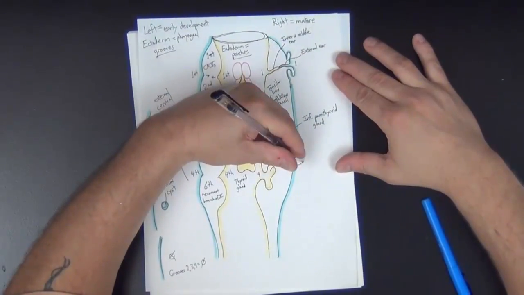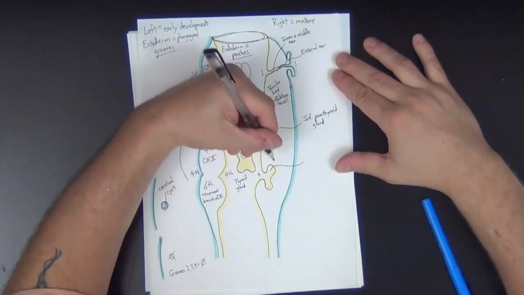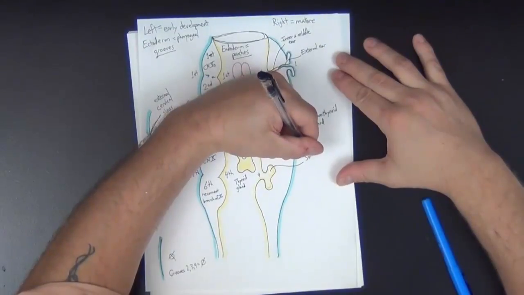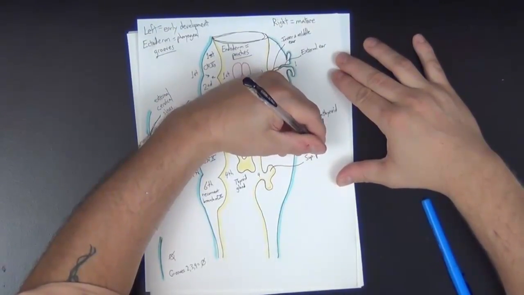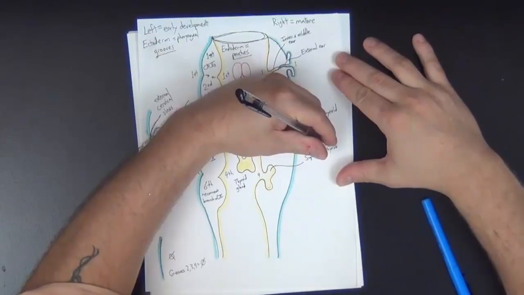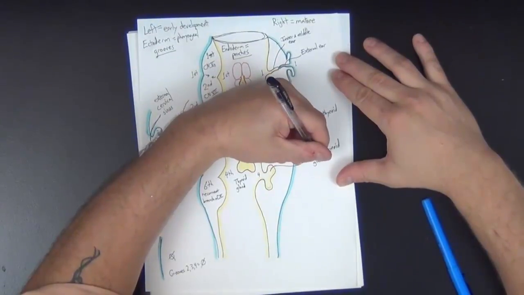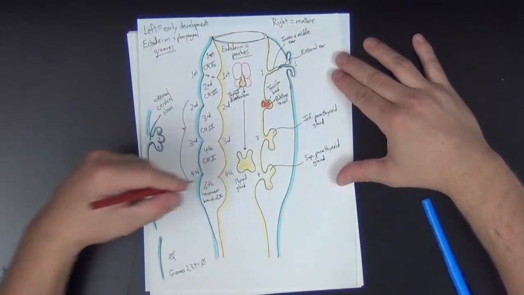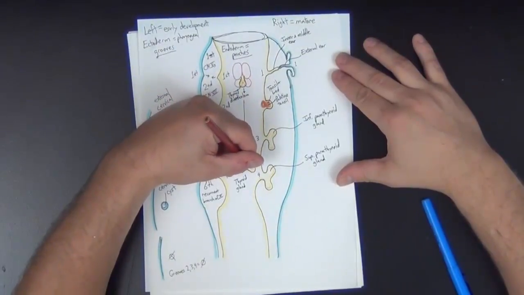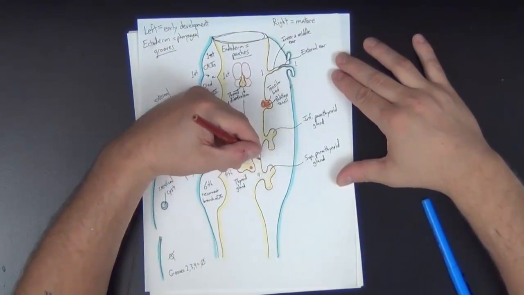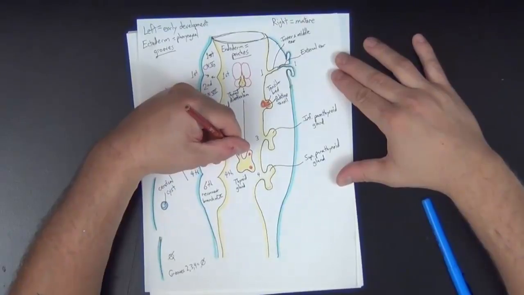And likewise, the dorsal extension of the fourth pouch gives off another one. It gives off the superior parathyroid gland. And these guys migrate to the thyroid and then hang out. Inferior parathyroid down here, superior parathyroid up here, and this is happening on both sides.